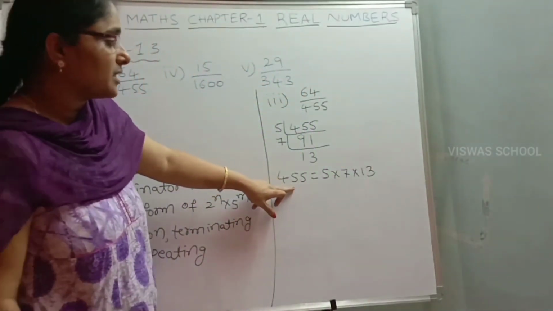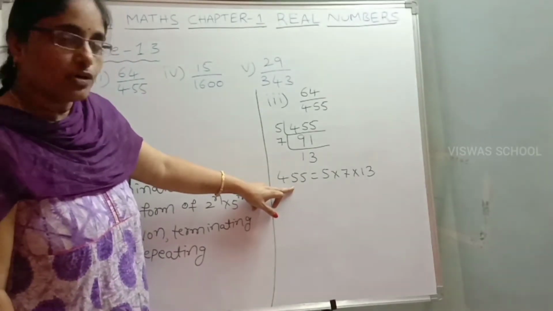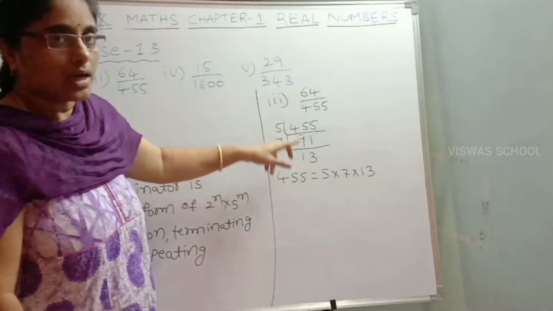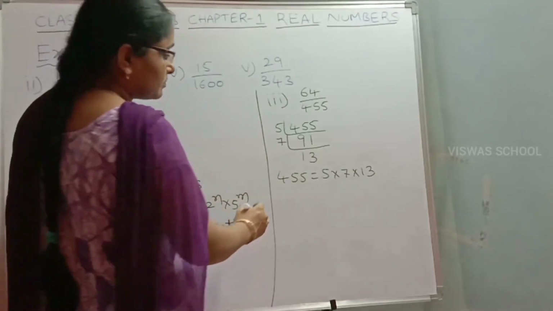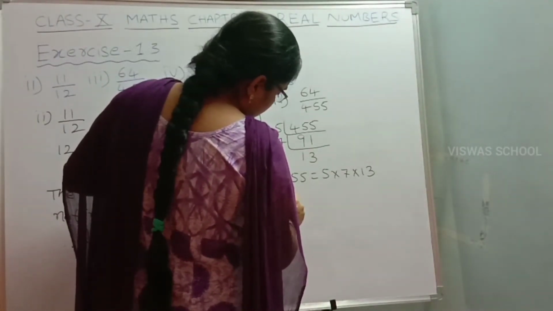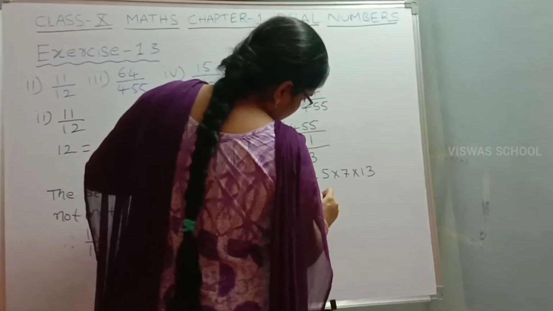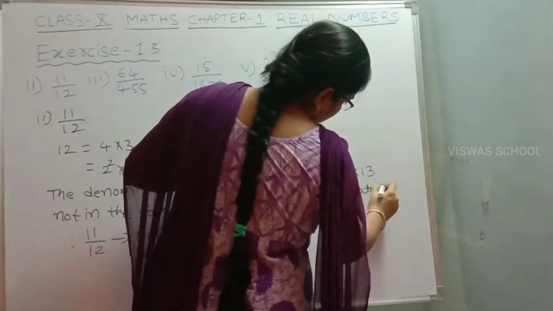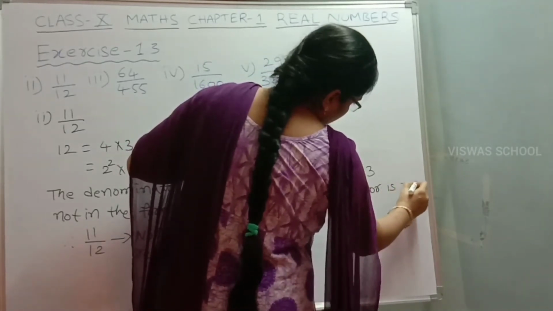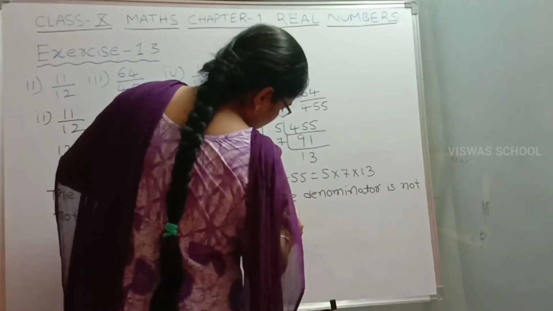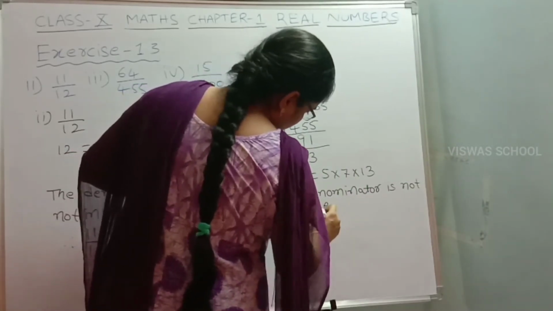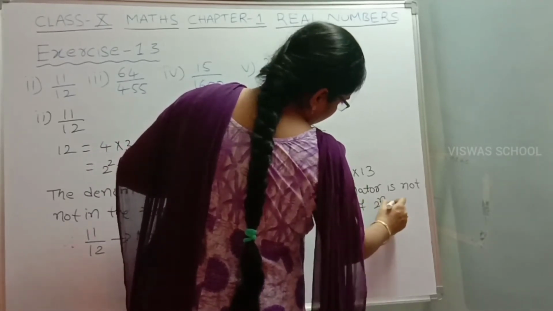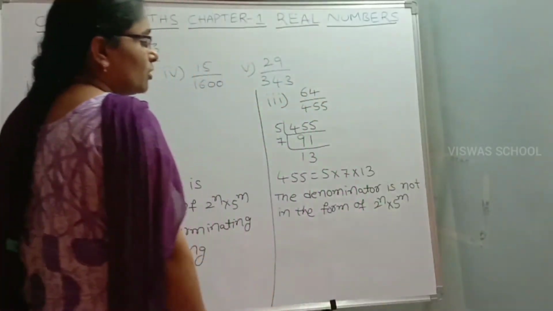That is, it is not in the form of 2 power n into 5 power m. That's why 64 by 455 is also non-terminating and repeating decimal. The denominator is not in the form of 2 power n into 5 power m.